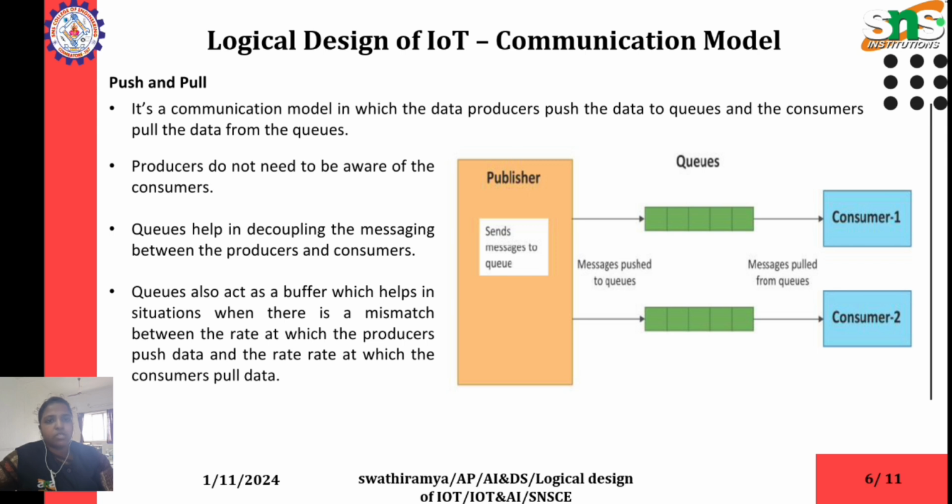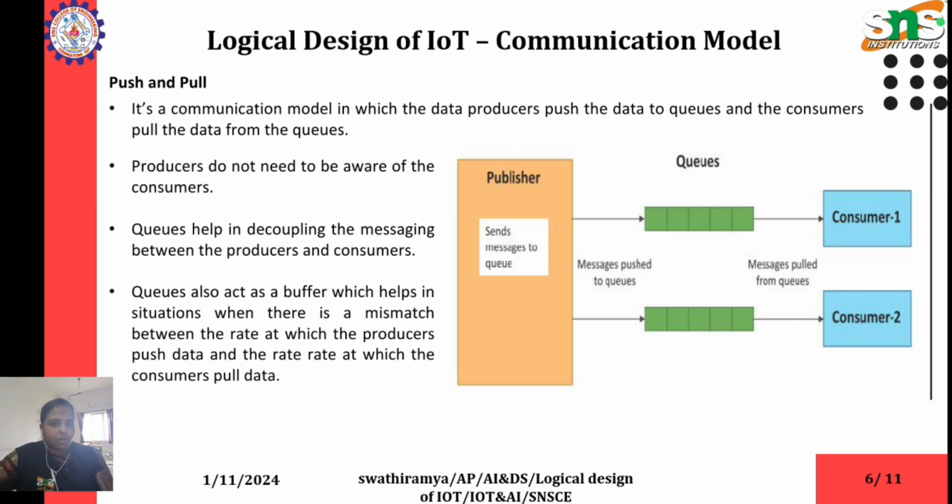Here also, the producers or publishers do not need to be aware of, or know anything about, the customer who is going to access the information. The queues help in decoupling the messages between the publishers or producers and the consumers. The queue also acts as a buffer, kind of like a database.